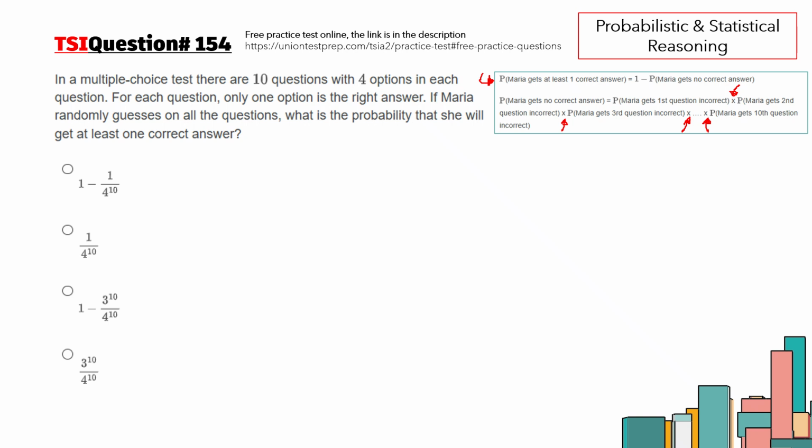First, she gets it wrong on the first question, and there are 4 options, only 1 is correct. So to find it incorrect, she has 3 out of 4 choices for the first question. Then multiply by the probability Maria gets no correct answer on the second question, which is also 3 over 4, and so on.